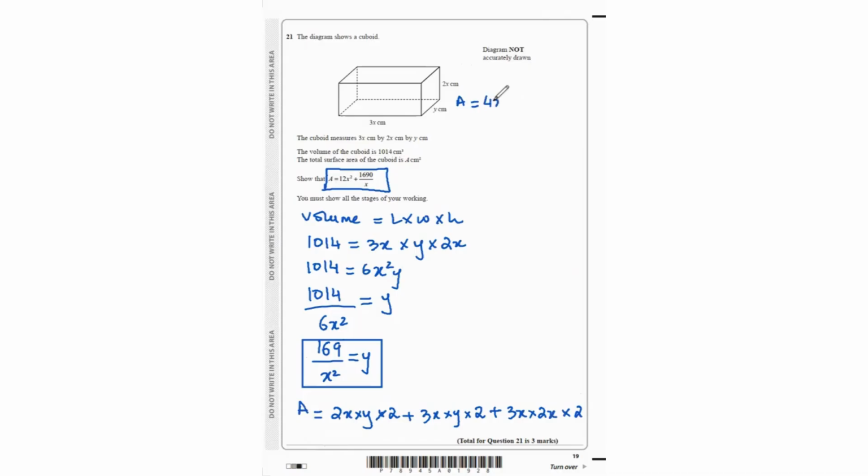So I'm going to move this over here. So that's 4x times 169 over x squared, plus 6x times 169 over x squared, and then plus 12x squared.